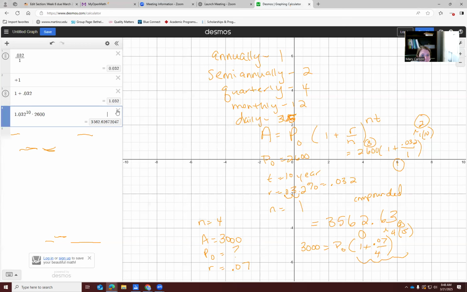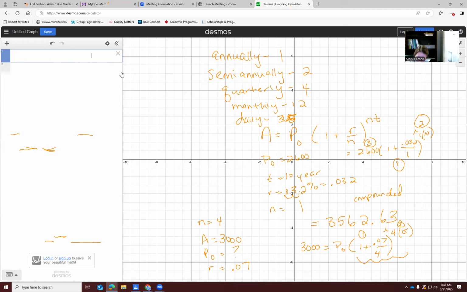All right, so let's clear. We're going to input 0.07 divided by 4 first, okay? And then we're going to add 1. That's inside the parentheses. So we get 1 plus 0.0175. So now we're going to raise that number.